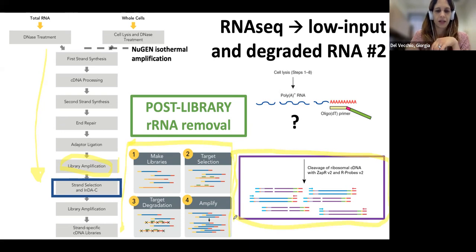The approach is using probes specific for the ribosomal RNA, probes that also carry a cleavage site. So we are targeting the ribosomal RNA and adding a cleavage site. By using an enzyme, we can cut and degrade the unwanted transcript, so we can cut and degrade the ribosomal.